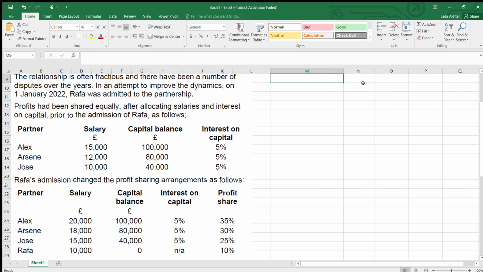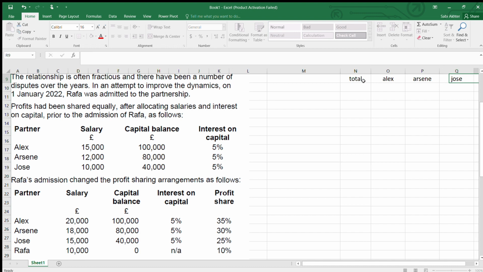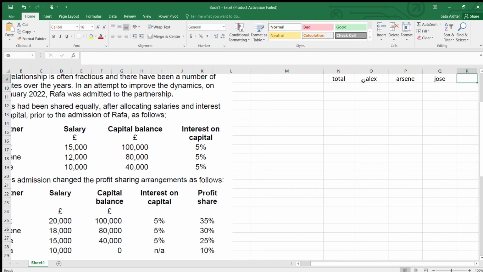This column I'll give for description. This is total. Then this one is Alex. This one is Arsene. This one is Joss. For Rafa, we don't have anything yet. Rafa did not join. This is for year end 30th September 2021.